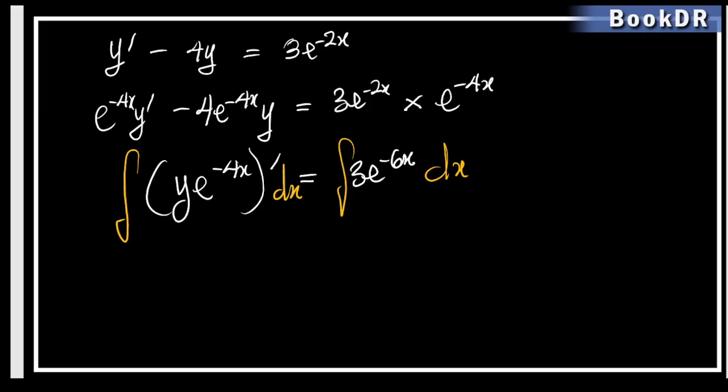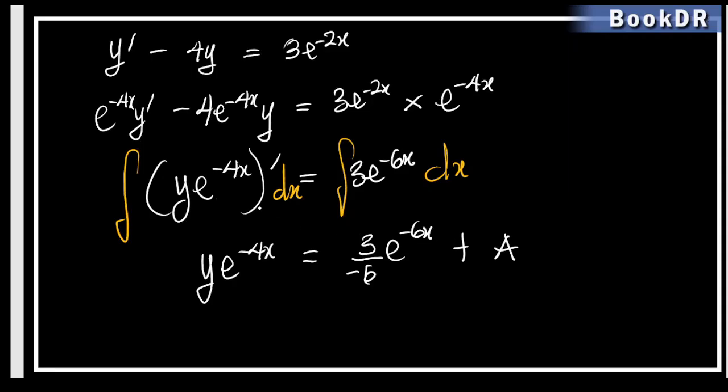At the left-hand side, the integral will cancel the derivative, and we shall have ye exponent minus 4x. The right-hand side, the integral will yield 3 over minus 6 e exponent minus 6x plus some integration constant, let's call it a.